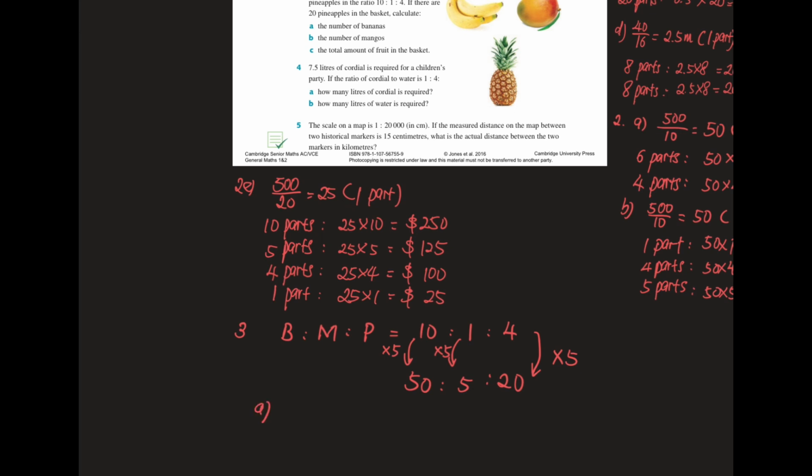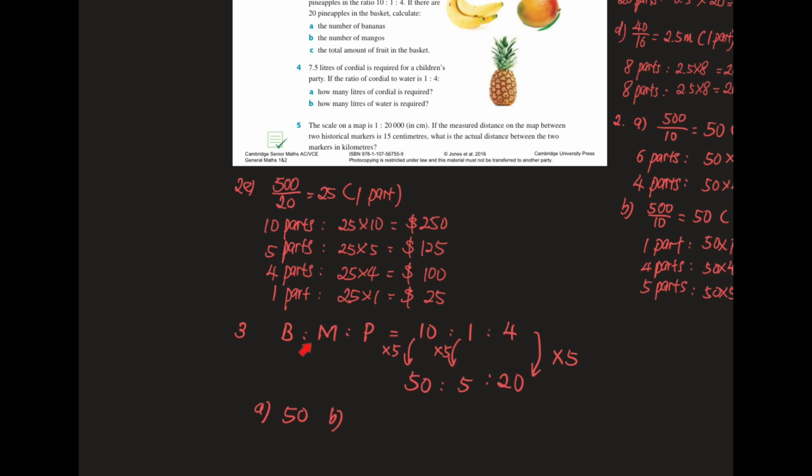Then we look at the answer. For A, the number of bananas, we have the first number, which is 50. So we write down 50.